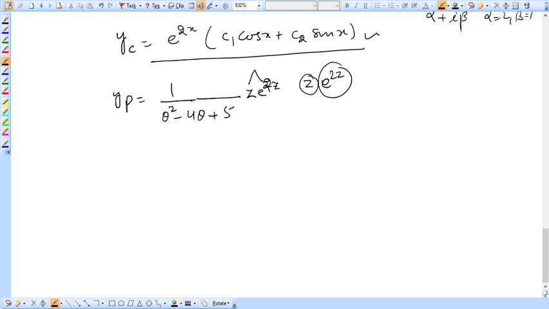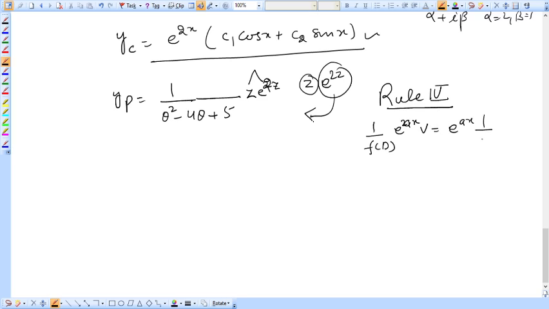So what we do, we can take it outside using rule number 4. Apply rule 4 here, which says 1 over f(D) of exponential ax into v is equal to e to the ax outside, 1 over f(D plus a) v inside.